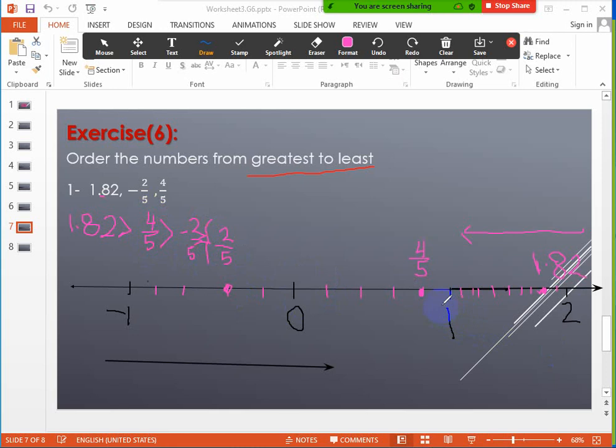Okay, who asked me? Girls, if you miss anything in the exercises, please tell me. I will give you the answer. Okay. Now write the answers, please. And if you finish, please type 1 in the chat.